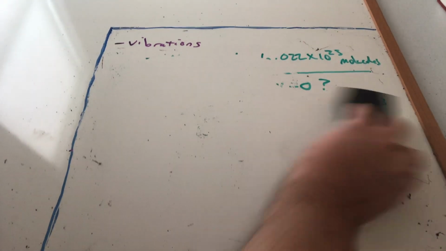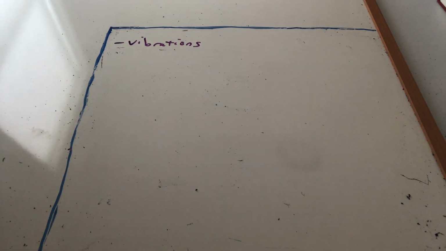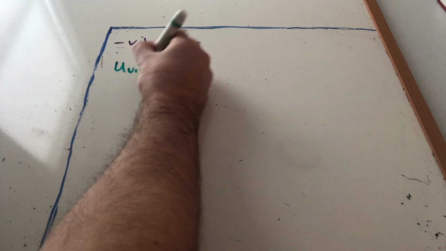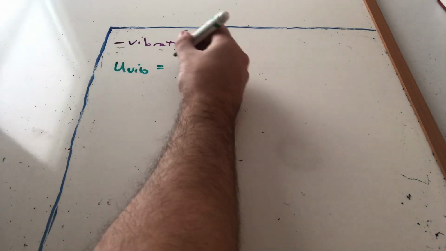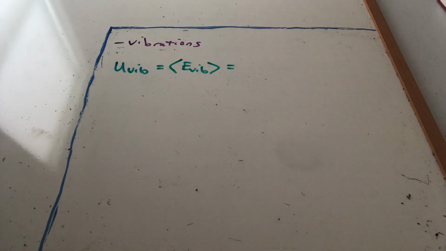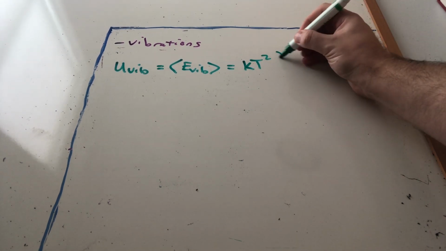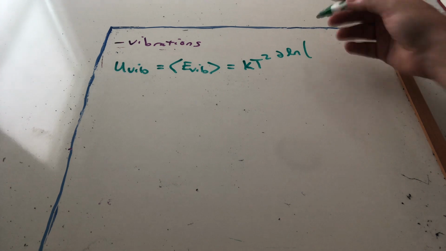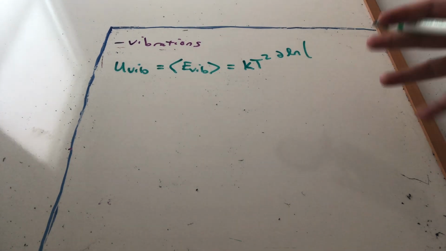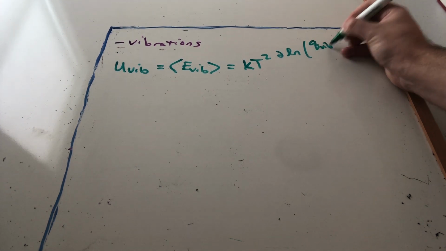And remember, we justified it at the beginning of this video. If I want to talk about internal energy contributions from vibrations, and remember that looks like E-vibe, then what I can do is I can take kT squared partial natural log, and I'm going to even write in the n factorial there, because remember, it ends up not mattering at all, but just to show you that it follows the form that we set up before.